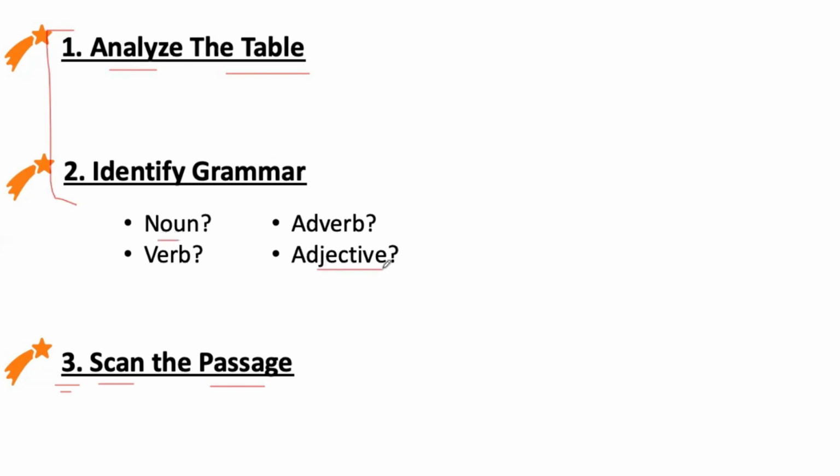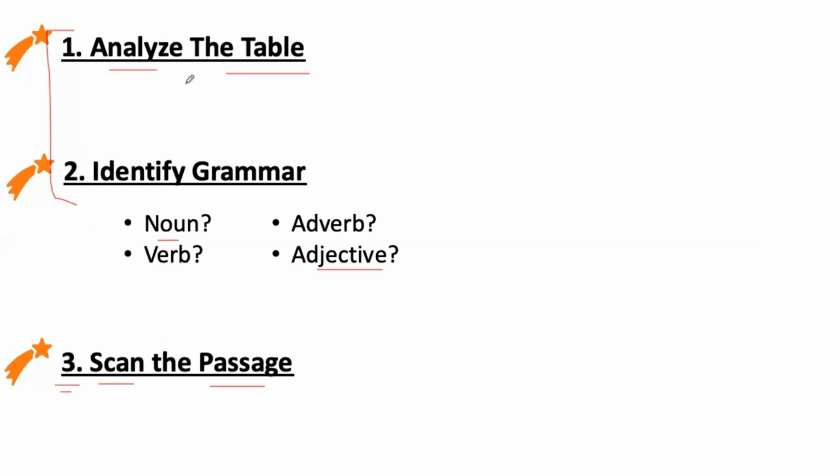You're going in the passage determined. You're not reading for enjoyment. You're not reading to get an idea of the plot or the theme or what the author is trying to say or opinions. You're looking for specific, very specific information that we can put in our table. All right, so our steps 1, 2, and 3.